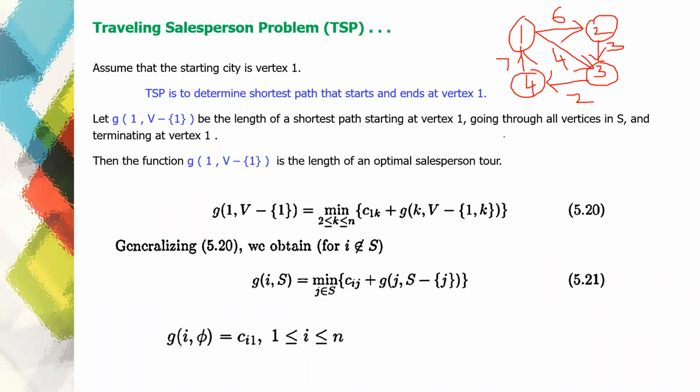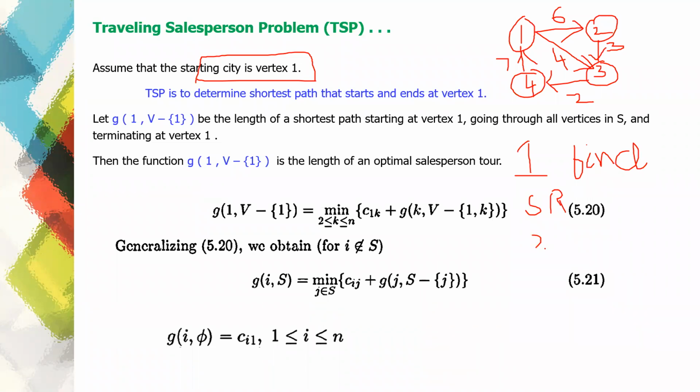Now, for simplicity here, I am assuming that the starting city is vertex number 1. It is not mandatory that the starting city should be vertex number 1. It may be vertex number 2 or 3 or 4. Now, if I consider the starting city as 1, then the challenge is that you have to find the shortest route to traverse through the remaining cities.